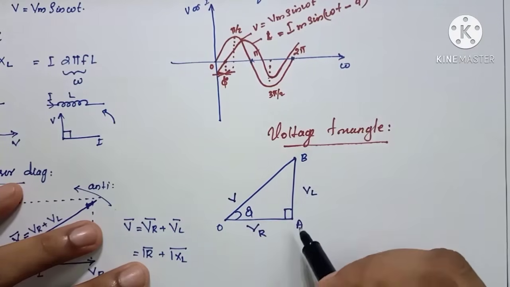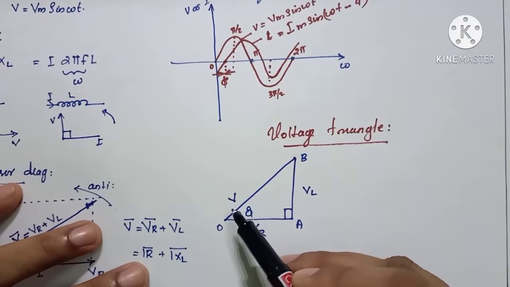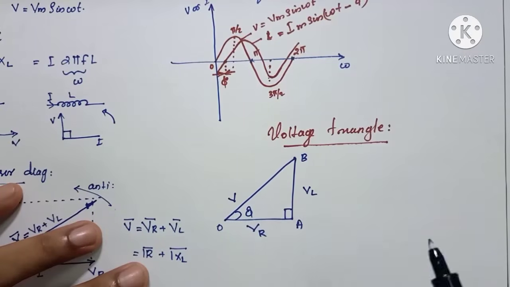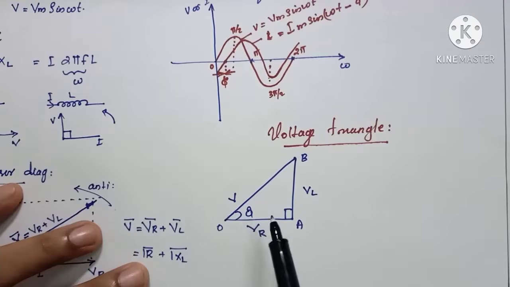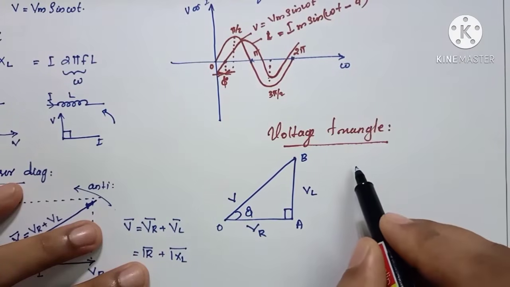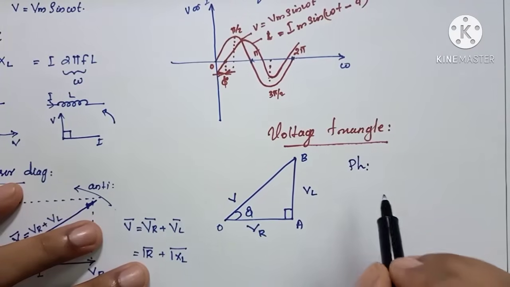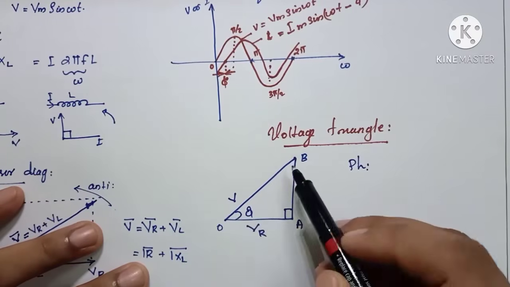It is a right-angled triangle, and the hypotenuse will represent the resultant vector or the resultant voltage. The base represents the voltage across the resistor, and this will represent the voltage across the inductor.